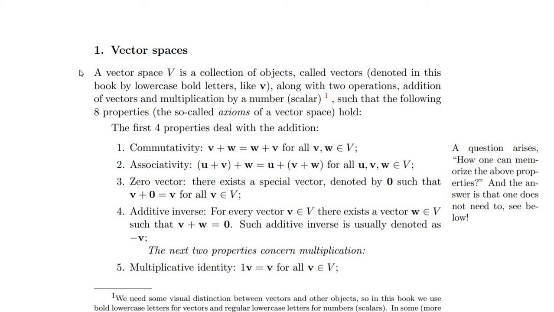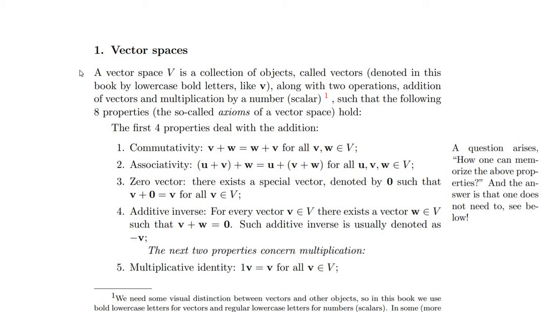So let's see how we can go around it. If a vector space is just a collection of vectors, right? So a vector space is a collection of anything. Okay, so let's not call them vectors already.